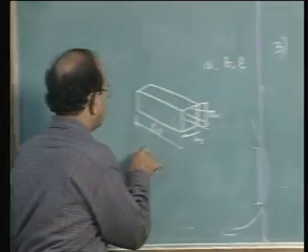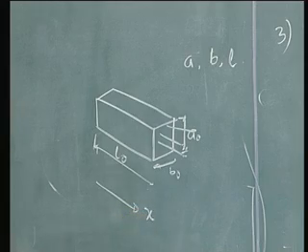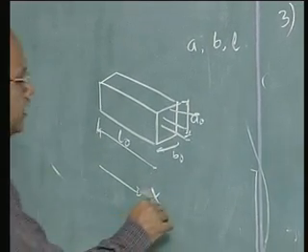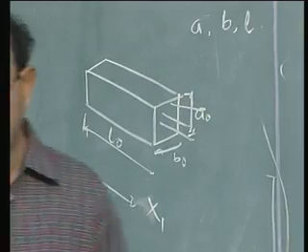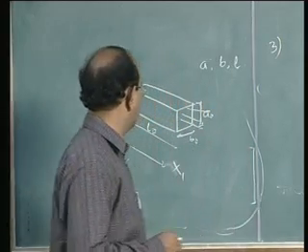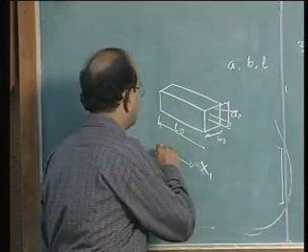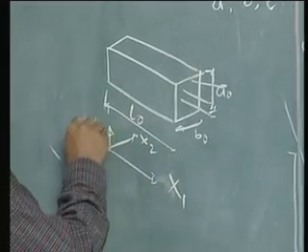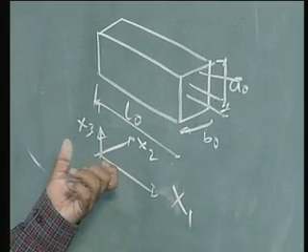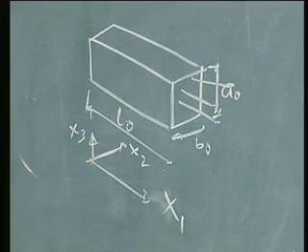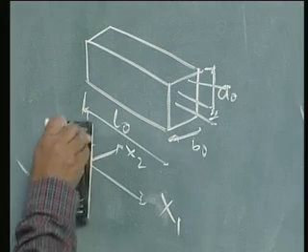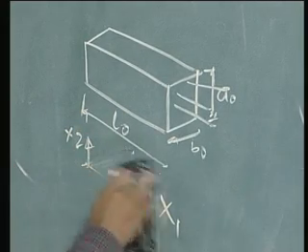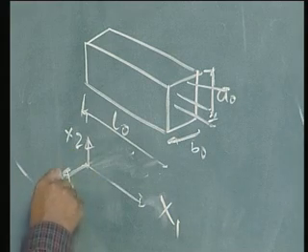Take the directions to be, say, this is the x direction or capital X1 if you want to write it as capital X1, and that to be capital X2, and X3.